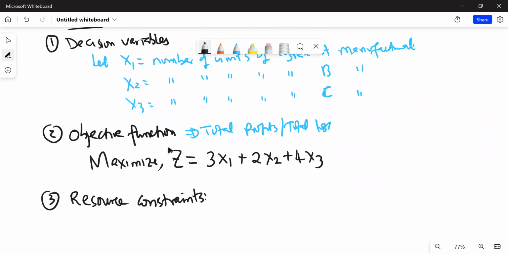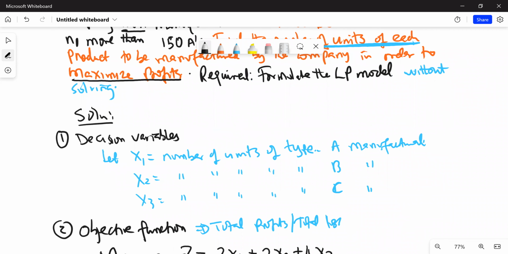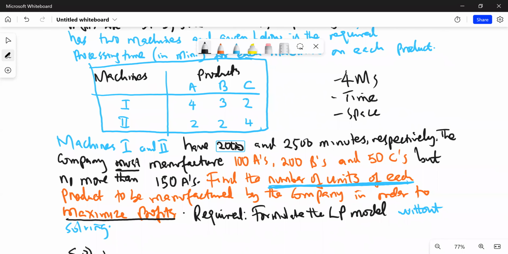So here, our constraints will have one for the machines. We have constraints for the machines. We are told that the first machine can only run for 200 minutes in total. Okay. Then the second machine can run for 2,500 units.